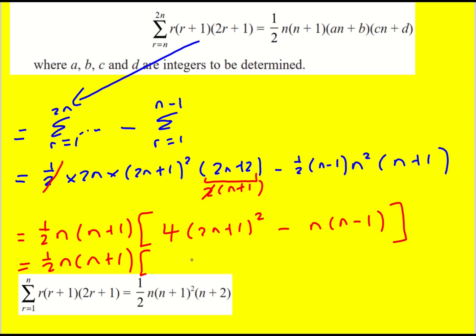Then I'm going to get 8. No, sorry, I'm doing this too quickly. Let's deal with the 2n squared. It'd be 4n squared plus 4n plus 1 minus n squared plus n.